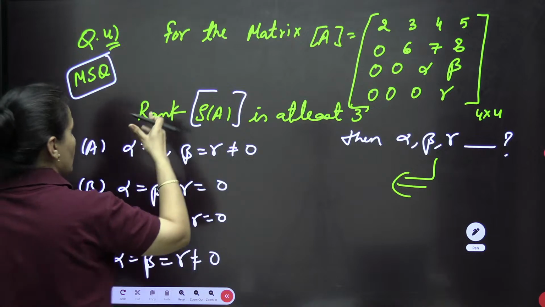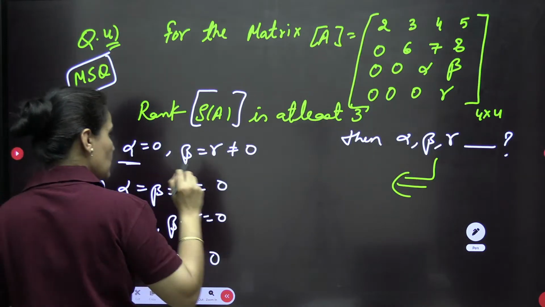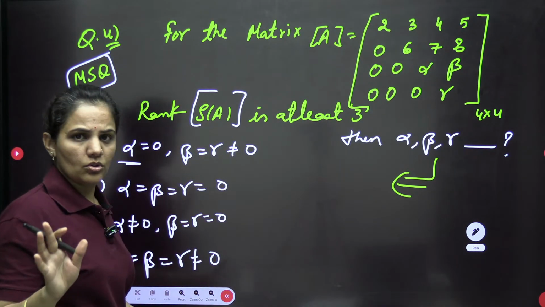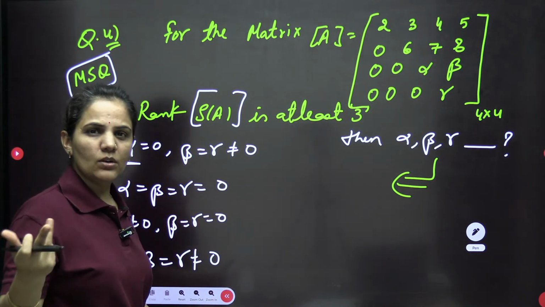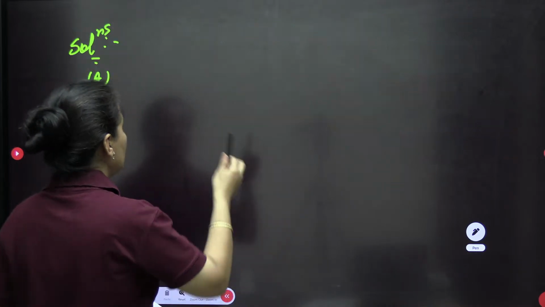First of all, let's start solving option A. Option A is saying that alpha you can put 0, beta and gamma you should not put 0. When beta and gamma I am not putting 0, I will put them equal to any constant, any parameter, so it will be easy for me.